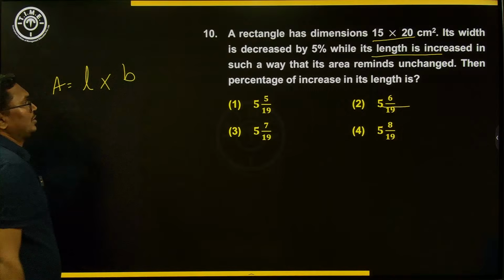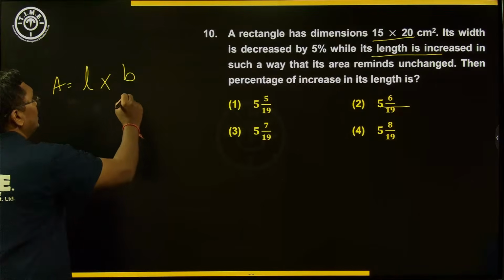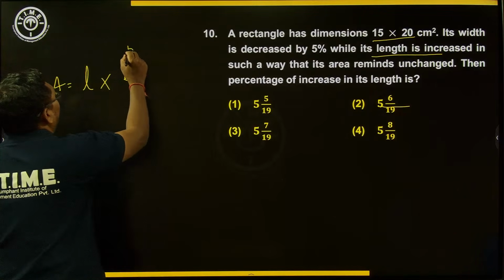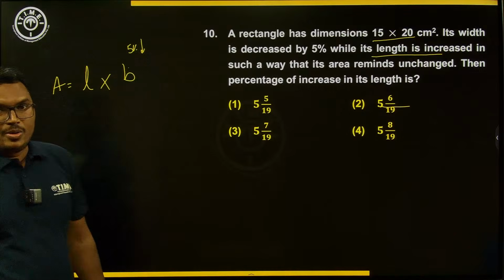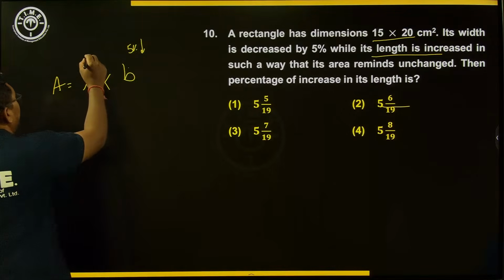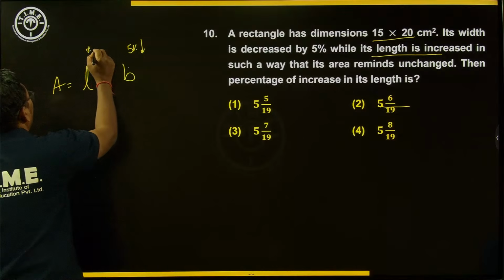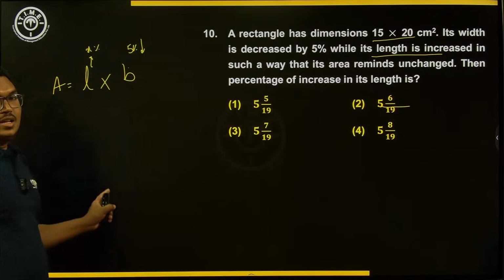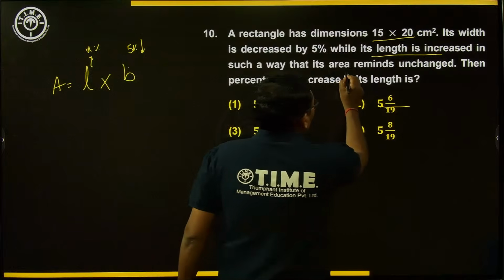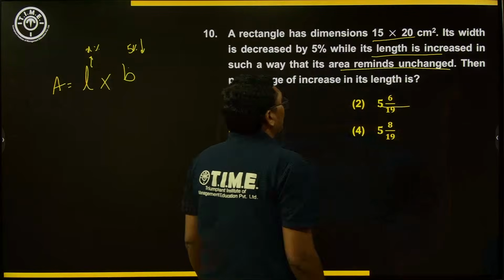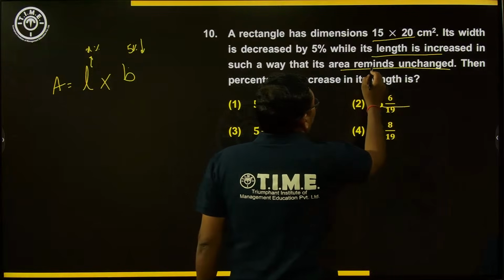So breadth is decreased by 5%. So let us say length is increased by x%. So what is the change in the area? So change in the area is, the area remains unchanged.